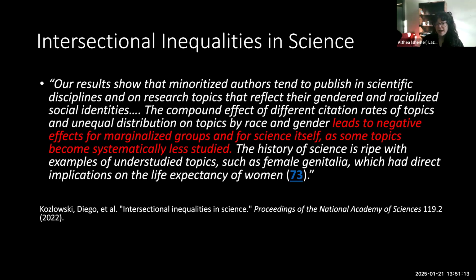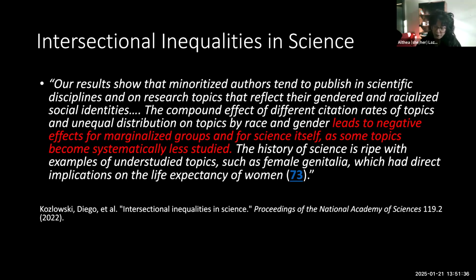But what this article is saying is that because there is marginalization, people are pushed away from the center of research. In this process, there are negative effects for marginalized groups and for science itself, because some topics related to those identities become systematically less studied.